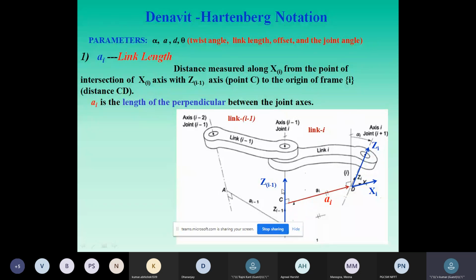This is called ai. In a simple manner, ai, the link length, is the perpendicular distance between zi and zi minus 1, the two axes about which it is rotating. Perpendicular distance, ai, that is link length.